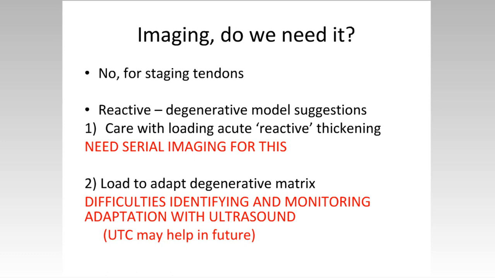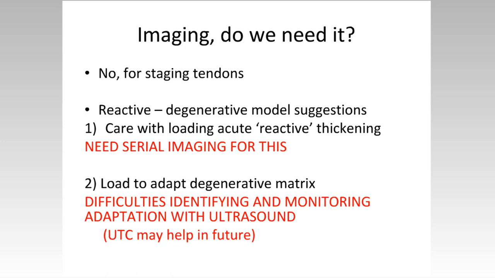And the second main recommendation of the reactive-degenerative model is to load to adaptive-degenerative matrix. But there are huge difficulties with identifying and monitoring adaptation, especially with ultrasound. And I think in the future, perhaps with things like UTC, which is ultrasound tissue characterization, a new type of imaging that is really in the research world at the moment, being used a little bit clinically, things might become clearer.